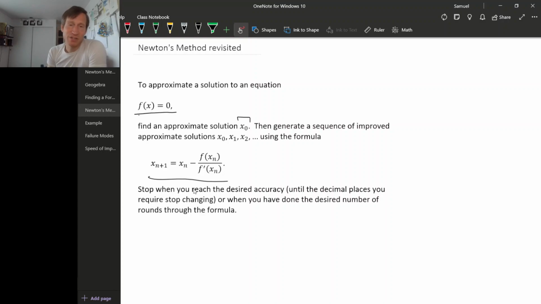And you can stop when you reach your desired accuracy, or when you've done as many steps as you feel like doing, depending on the situation. As long as your initial approximation, x sub 0, is close enough to some x-intercept, this sequence of approximations should rapidly get very, very close to the x-intercept that you are looking for.